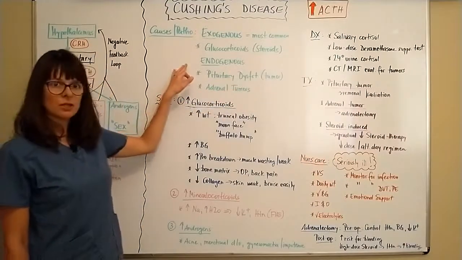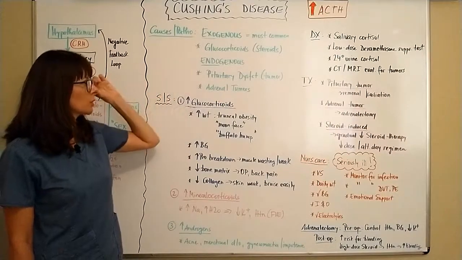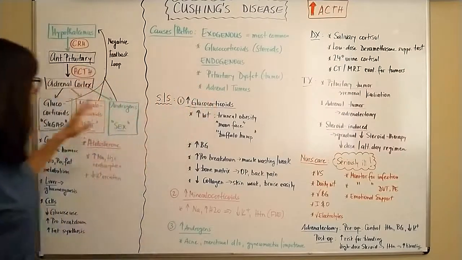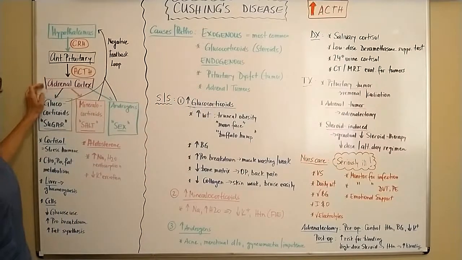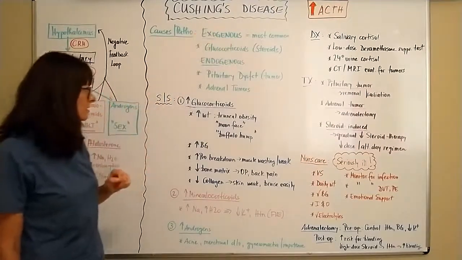There could be endogenous reasons for Cushing's disease, which would be either pituitary or adrenal tumors. If the pituitary or adrenal cortex are malfunctioning because of a tumor, that increases ACTH production. Again, with that production, it's going to cause Cushing's disease.